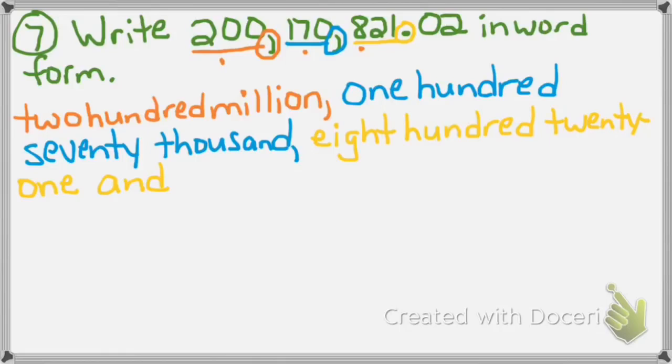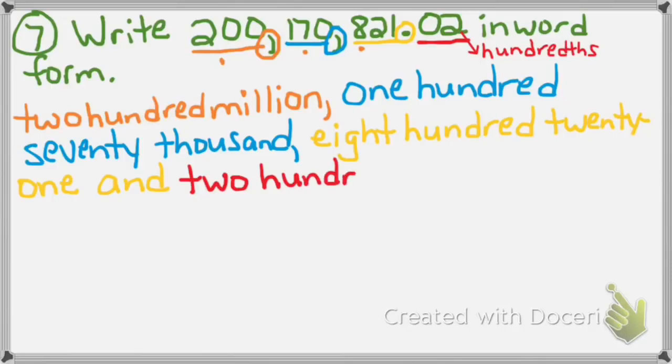Now I'll move on to my decimals period. 02, I know when I read that number, I read it as 2. And I know that that 2 is in the hundredths column, because remember, for a decimal, the last word is the name of the last digit's column. So, 02 is 2, and the last digit is in the hundredths column.